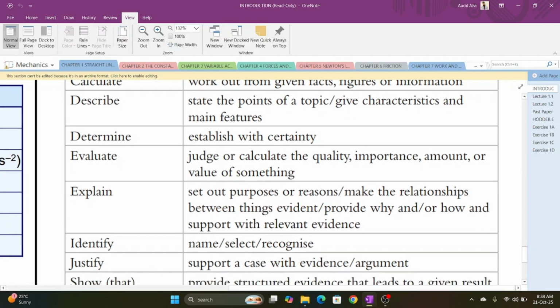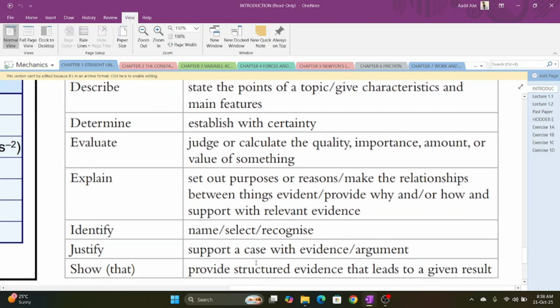Justify, okay, support a case with evidence or argument. Show that, that means provide structured evidence that leads to a given result. And you might already be familiar with this, that there were questions in IGCSE mathematics as well as in O level mathematics, where they ask you to show that and they give you an answer. Now from your working, they want to see how can you reach that particular answer that they've already given you.